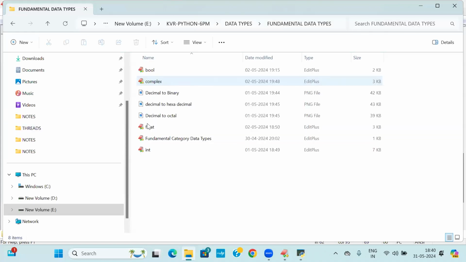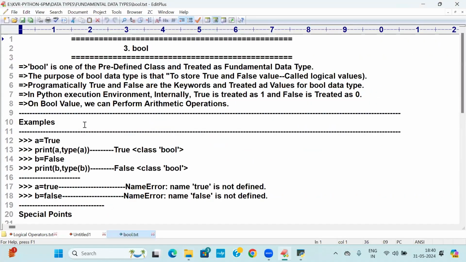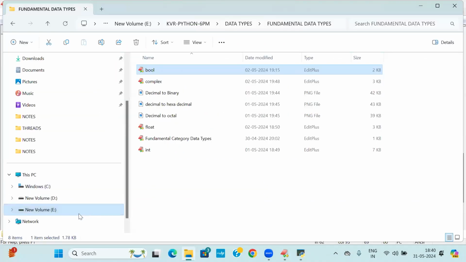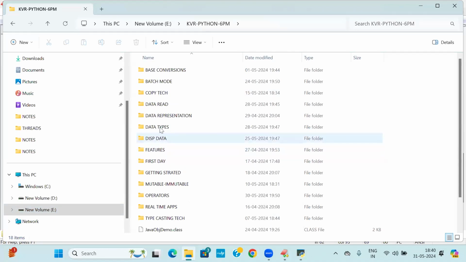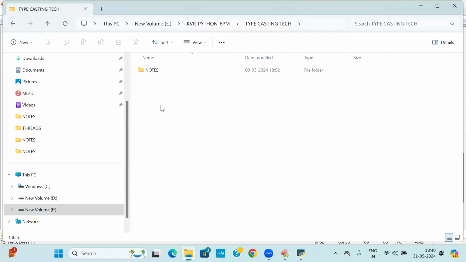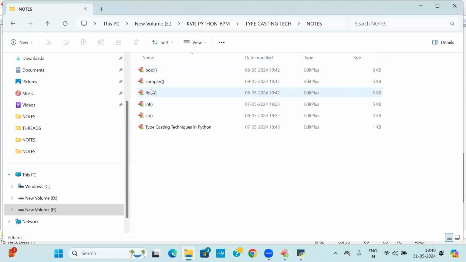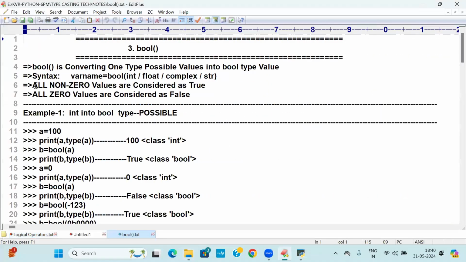In fundamental data types, I said this in typecasting techniques, conversion into bool type. You see here I wrote all non-zero values are true. Our 2 is called what? Non-zero. Non-zero is what? True.